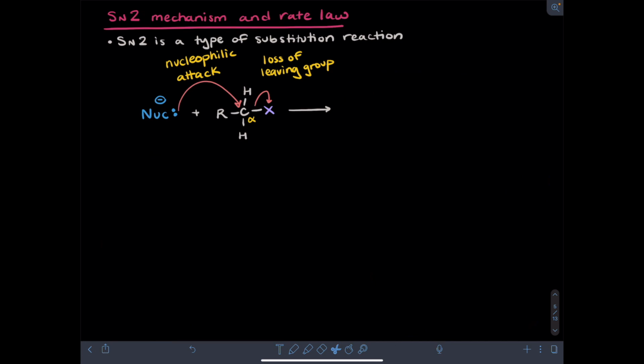I'm bringing the electrons from the nucleophile to form a new bond to the electrophilic alpha carbon. And to avoid exceeding that carbon's octet, I have a loss of leaving group at the same time. My products would be a molecule with a new carbon-nucleophile bond, and I've formed an anionic halide, X-.